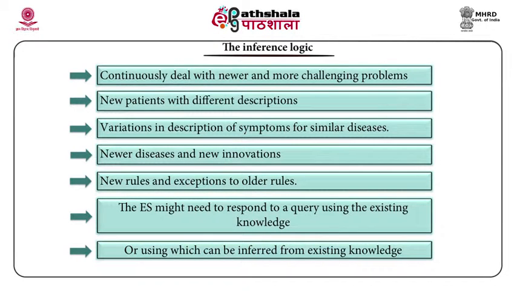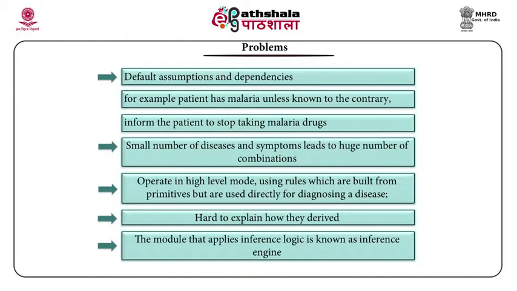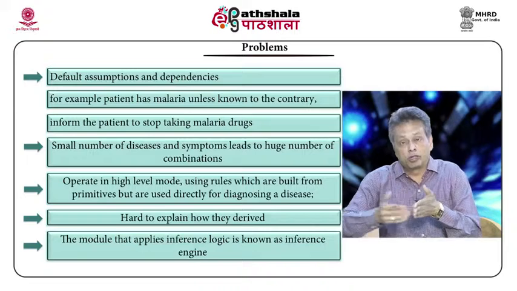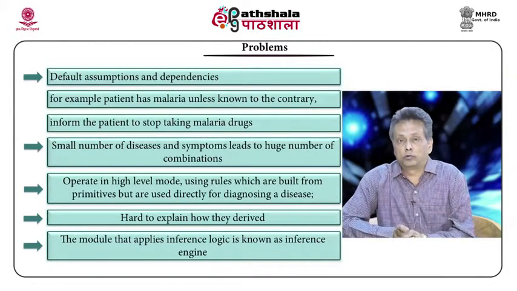The next thing is inference logic. The next module is inference logic, which I have talked about a lot, and I will not be talking about it right now, but you can see that it depends on the knowledge structure and the knowledge representation scheme. Default assumptions are the same problem here as well. Experts provide some default assumptions, but they might not be correct in most cases.